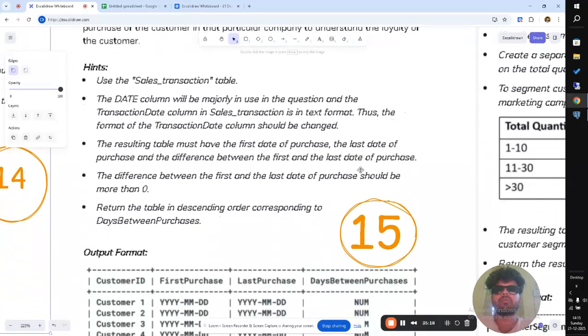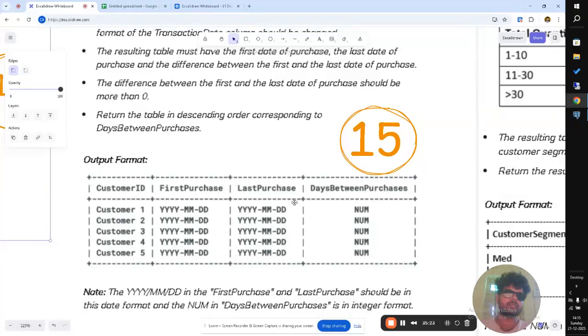Okay, the date column we will use, days between purchases.